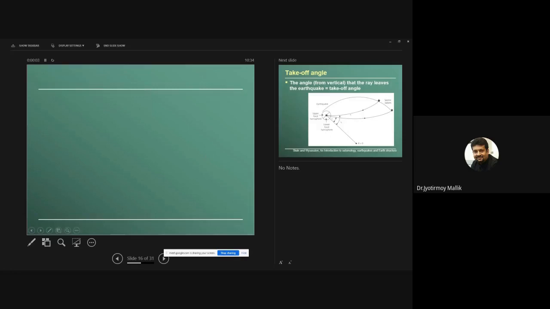Now here is my ground surface. Okay, and these are the location of all the seismometers. For your convenience, I have just made them equally spaced, but in practice they are not.